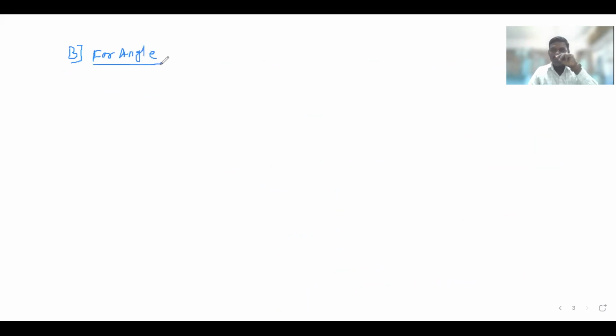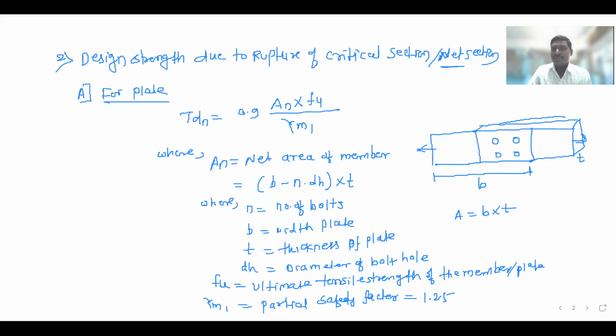For plate, we have seen the rupture. Again we will see what is rupture. Rupture means what? This is the bolt. If these plates are under tension, these bolts are punching on the plate.